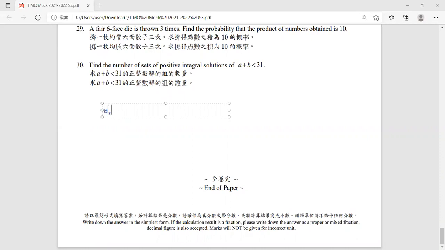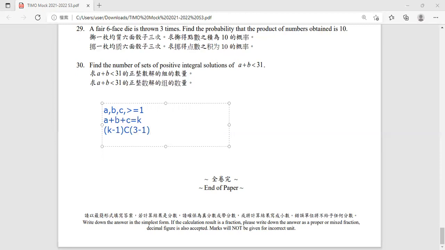If a, b, c are greater than or equal to 1, then a plus b plus c equals a number K. Then this case will be K minus 1 C p minus 1, because I have two numbers.